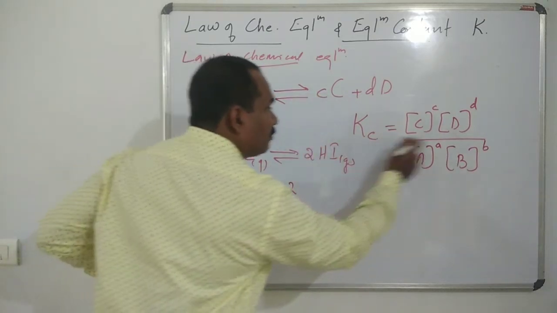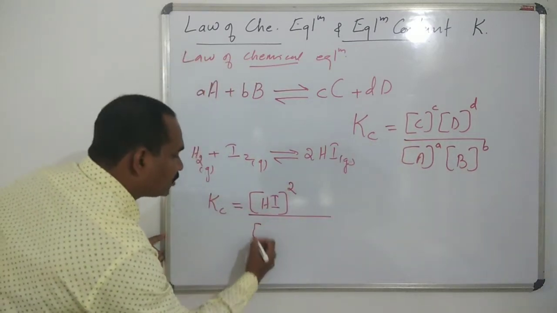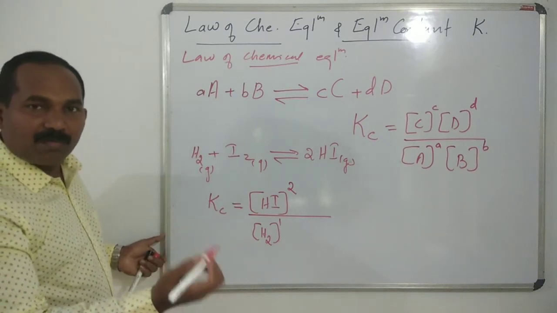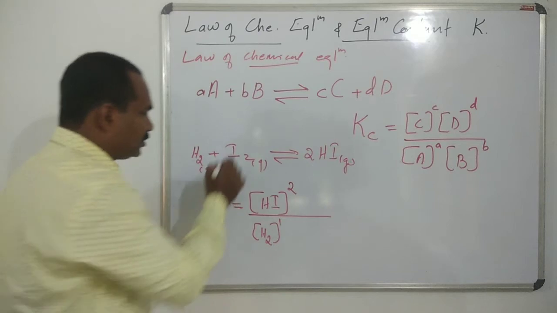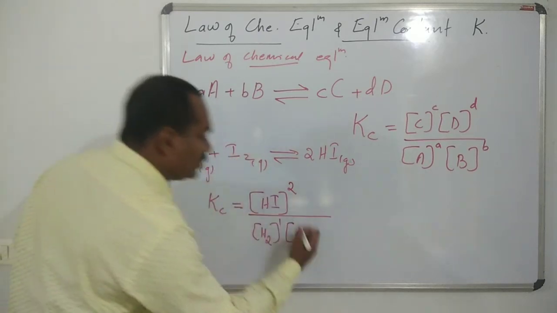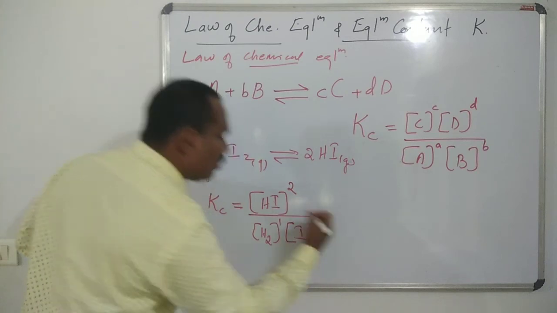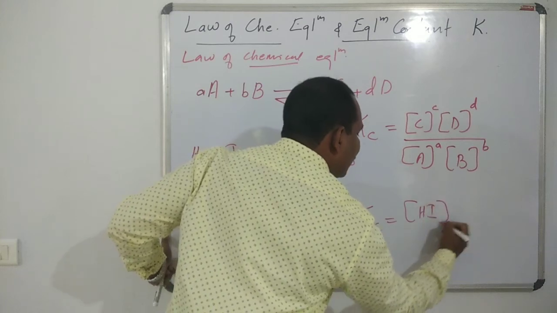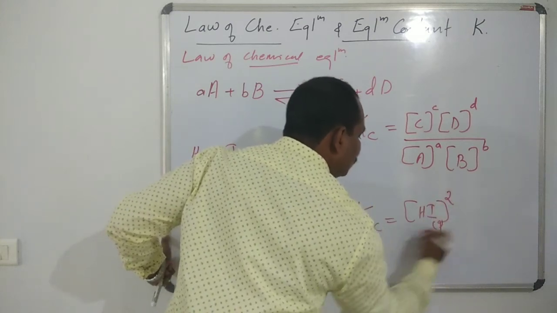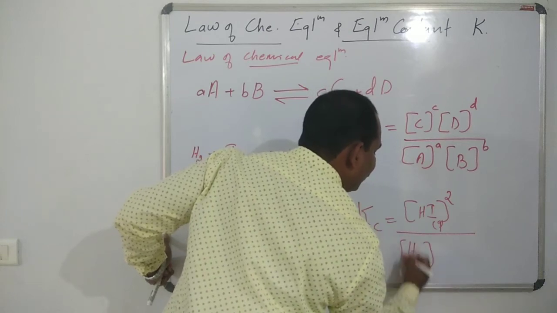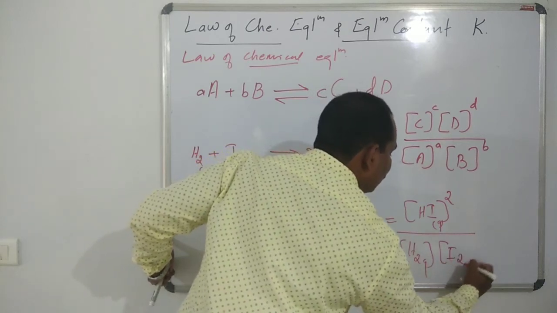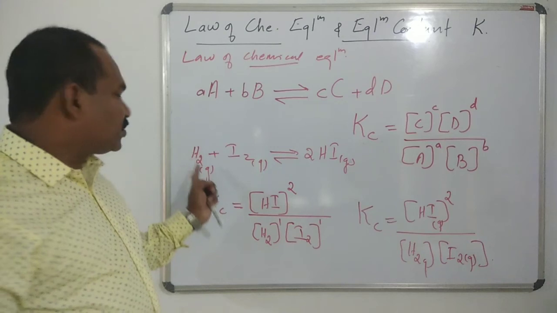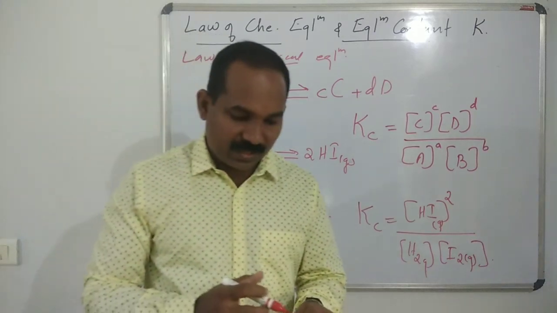Divided by concentration of H2 raised to 1, no need to write the 1, power 1 is already understood. Then the reactant I2, again 1. So Kc for this reaction is concentration of HI gas raised to 2 divided by concentration of H2 gas into concentration of I2 gas.